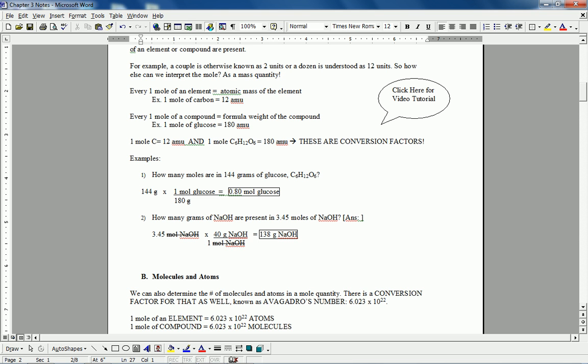How many moles are in 144 grams of glucose? Well, they give you the formula, so of course you would find the molecular weight, which is the equivalent of 1 mole. So this would be your go-to conversion factor. Now, you're going to have to calculate your conversion factor every single time for every problem, because every compound and every element is going to have a different atomic or molecular weight for that 1 mole.